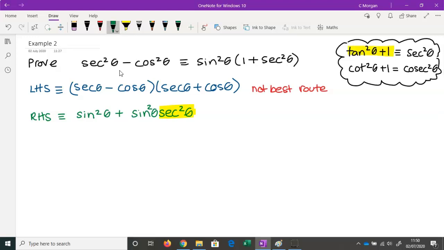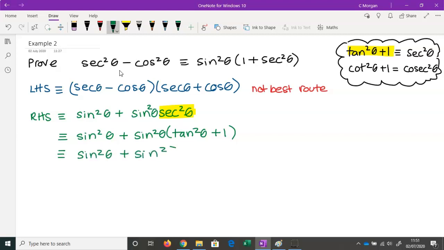So I think that that's a good route to go down because I've still got squareds in there. So I'm going to rewrite the right-hand side as sine squared theta add sine squared theta multiplied by tan squared theta add 1. So let's see what happens when I do that. I'm going to have sine squared theta add sine squared theta tan squared theta add 1.